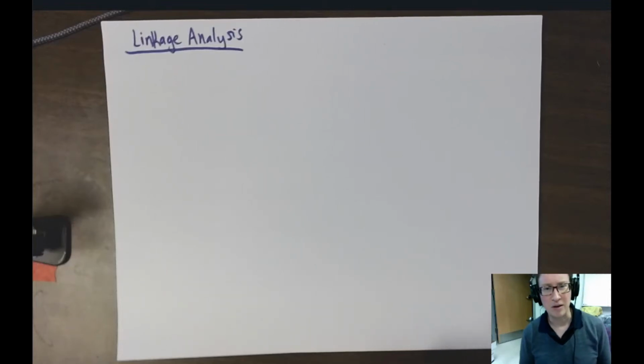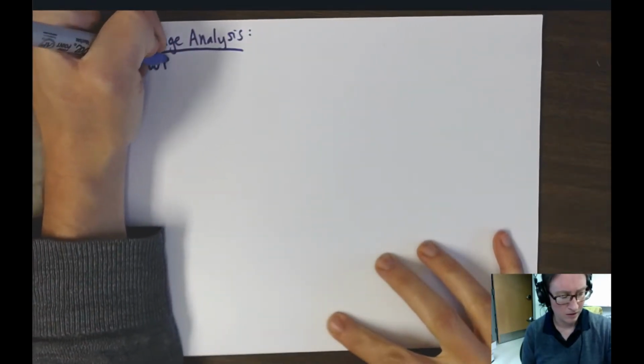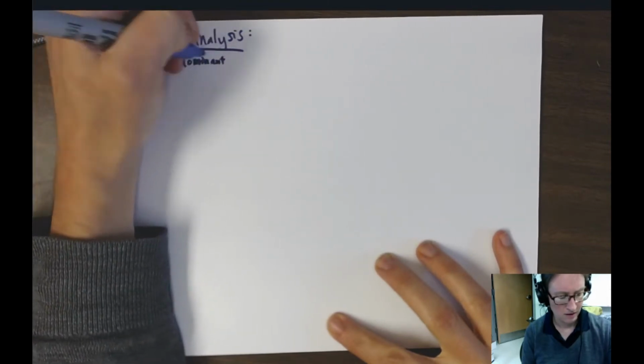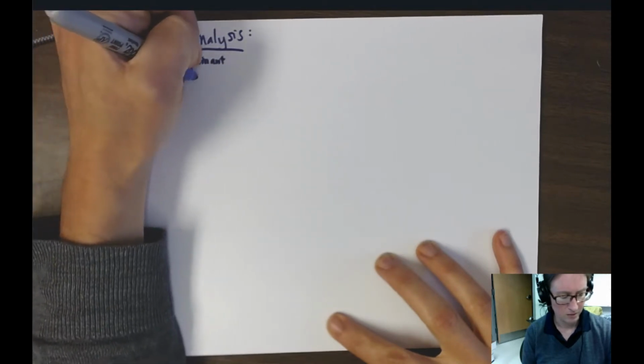All right, let's talk for a minute about what we're doing in these simulated crosses. What we're going to be doing is a type of linkage analysis. And a couple of notes to begin with for the linkage analyses that we're going to be conducting. In all cases, the wild type is dominant and mutants of various types are recessive.